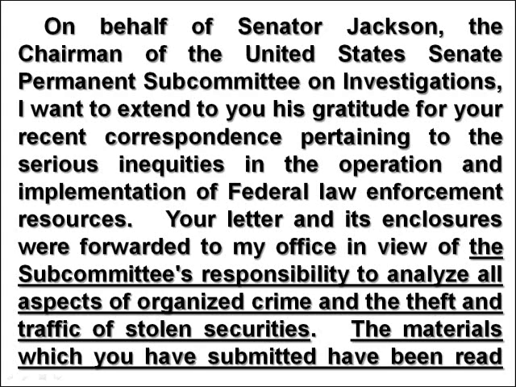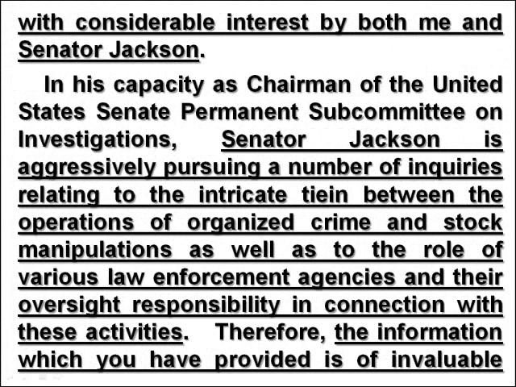Your letter and its enclosures were forwarded to my office in view of the subcommittee's responsibility to analyze all aspects of organized crime and the theft and traffic of stolen securities. The materials which you have submitted have been read with considerable interest by both me and Senator Jackson.